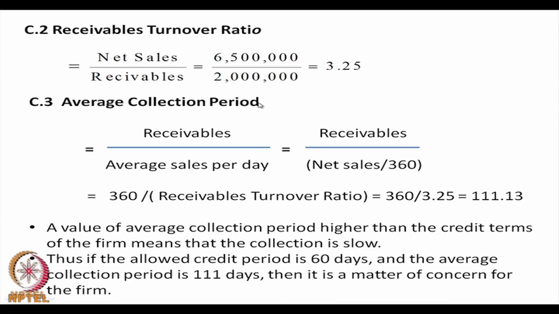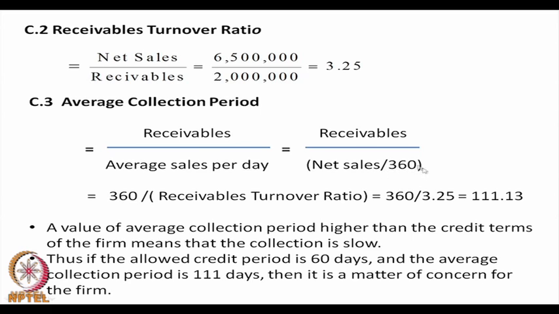Now, average collection period. Accounts receivables, this is the amount that you are expecting to get from the customers, divided by average sales per day is the average collection period, and this is equal to receivables divided by average sales per day, assuming 360 days. It will be net sales divided by 360.